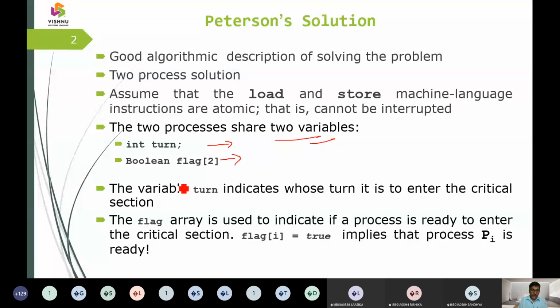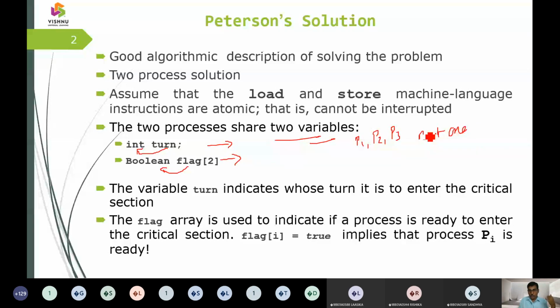You can see flag is going to be a Boolean data structure, and turn is an integer data structure. It is going to say which process, whether process P1, P2 or P3, is going to be the next one.